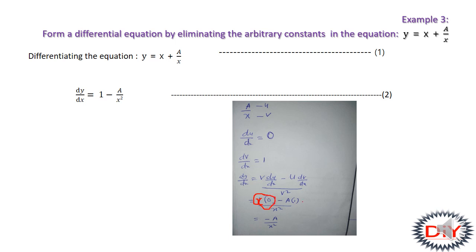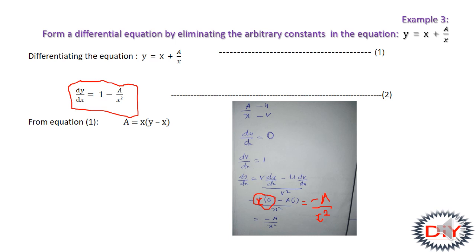So from here we have minus a over x squared, which is how we derive what we got here. So this is our differentiation of dy/dx.